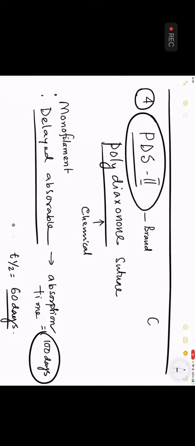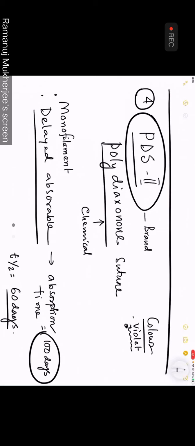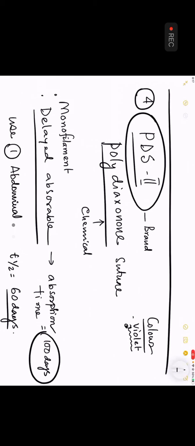The color of this suture is again violet or deep blue, so it looks like a Prolene suture. The use of this suture is in abdominal wall closure, and sometimes I personally use this for anastomosis.